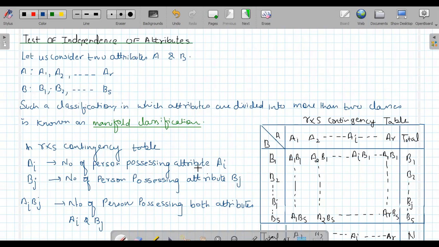So AI is the number of persons possessing the attribute AI; this total number denotes the number of people having the characteristic or attribute A1. This A2 indicates the number of people having the characteristic A2, and this particular entry A2B1 shows the number of people possessing the attributes A2 and B1 only.